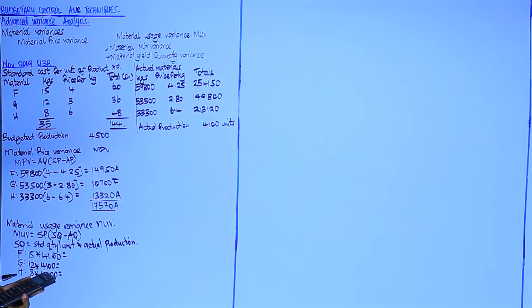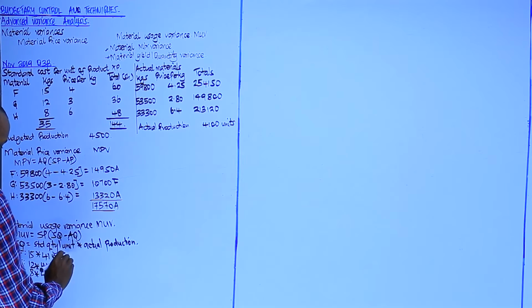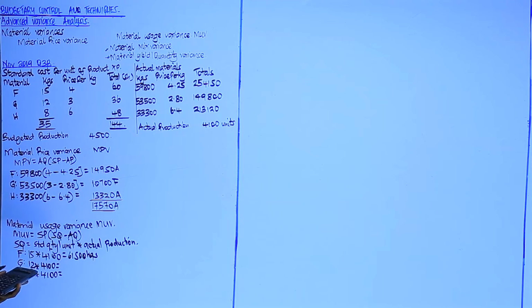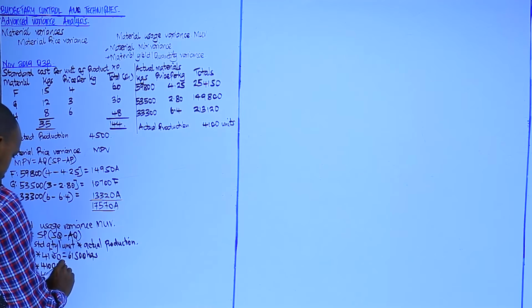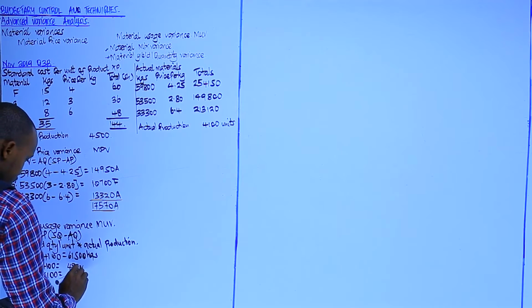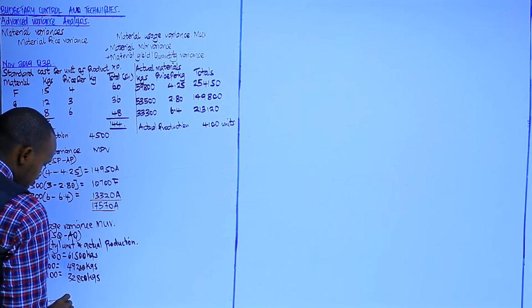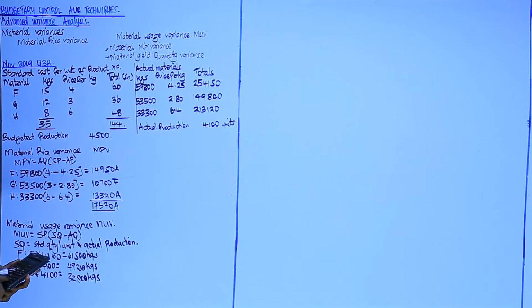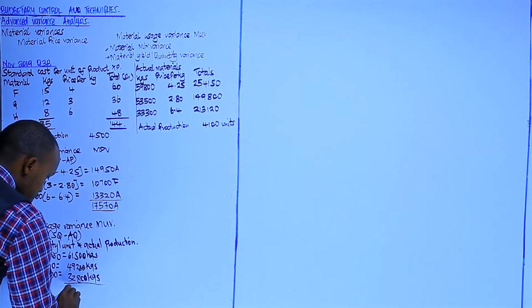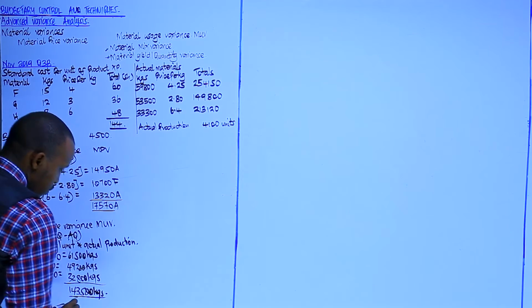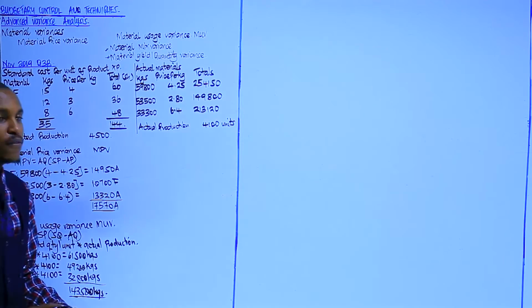So 15 by 4,100 means you use 61,500 kgs, 49,200 kgs, and 32,800 kgs. You can then add them so that the total standard quantity of actual production is 143,500.